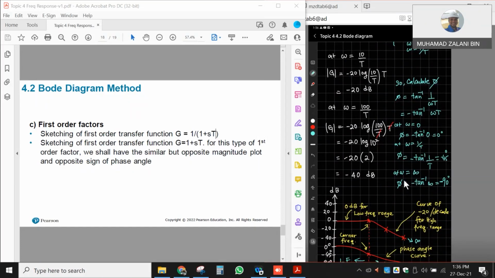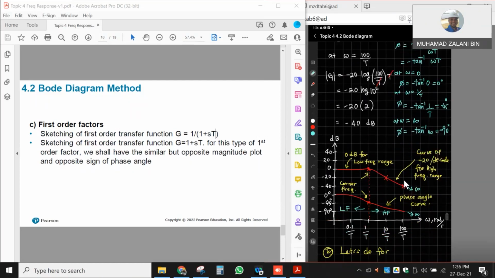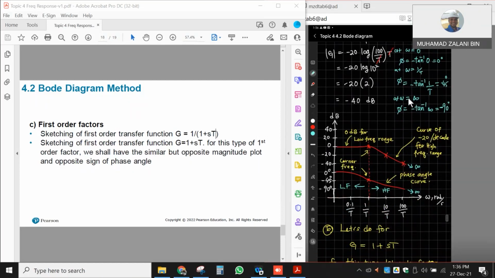Then when omega approaches infinity, phi equals negative arc tangent infinity, which is negative 90 degrees. So we get 0 at low frequency, negative 45 at the corner frequency, and as the frequency approaches infinity, we get negative 90 degrees.